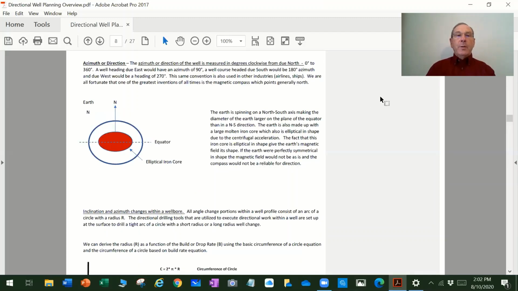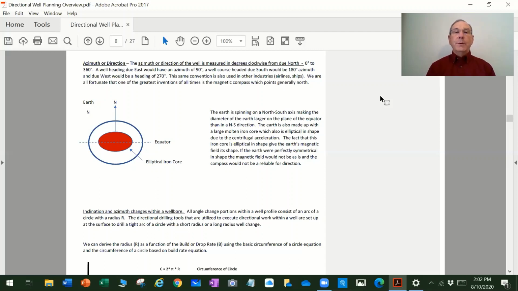Now, direction and azimuth. As I've said, azimuth is the direction of the well measured in degrees clockwise from due north, 0 degrees to 360 degrees. So a well heading due east would have an azimuth of 90 degrees.